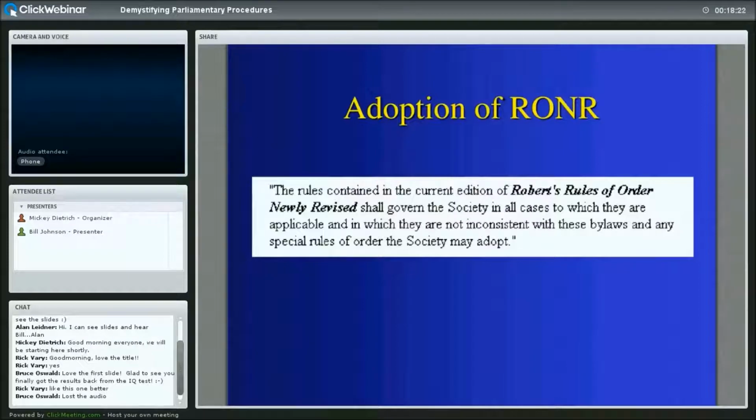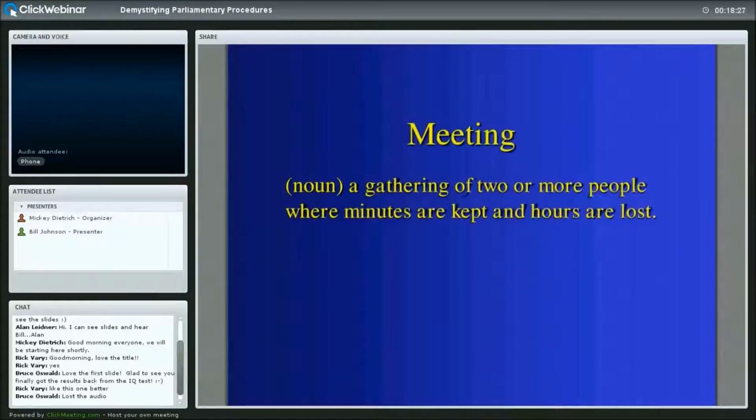Okay. I'd like to start with a kind of tongue-in-cheek definition. A meeting is a gathering of two or more people where minutes are kept and hours are lost. I know that is so true of so many meetings, that they drag on and don't accomplish what they set out to accomplish. And if you follow Robert's Rules, that's generally not going to be the case.